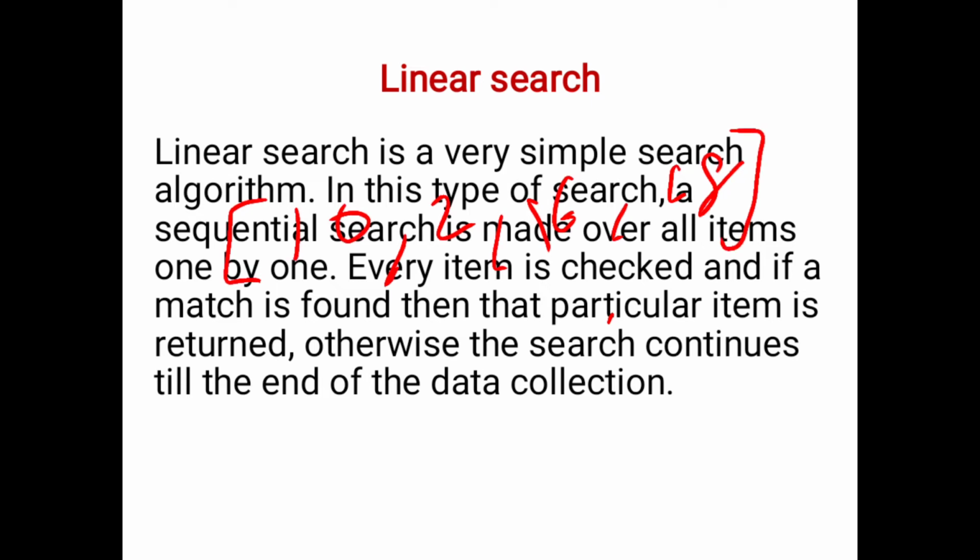So starting from where? The first position. The index numbers are 0, 1, 2, 3, 4, etc. If you want to search for a particular element from the array, we start from the leftmost part of the array.